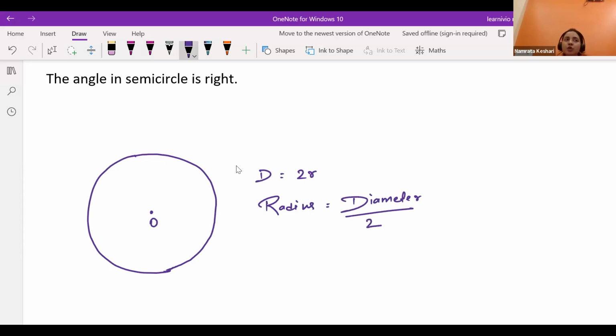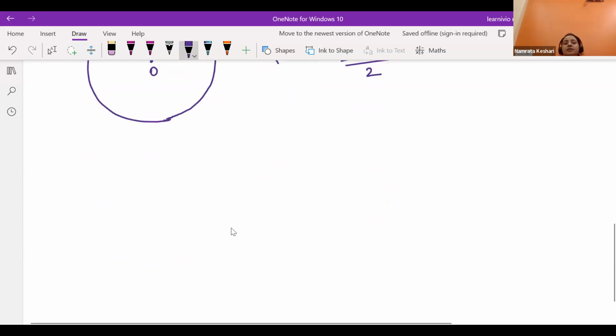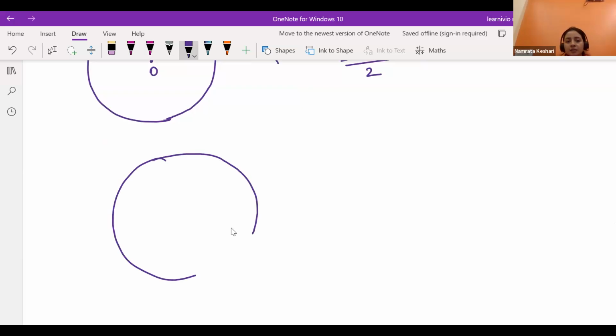Now, if I am asking what is segment of a circle? Major segment, minor segment. Okay, before segment, tell me what is chord of a circle?